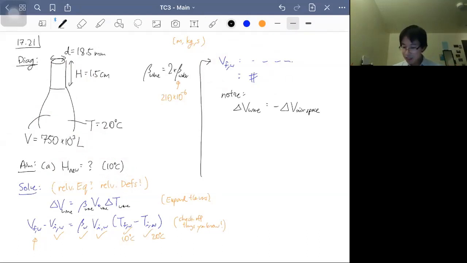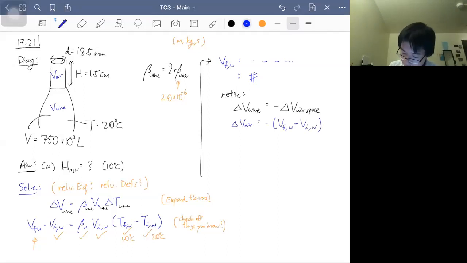Okay, right, so what is my aim? My aim is to find H, which is part of the airspace, right? So let me put that on the left. So this is the volume of the air, this is the volume of the wine, right? The change of volume of the air is negative of the change in volume of the wine, which is final minus initial.